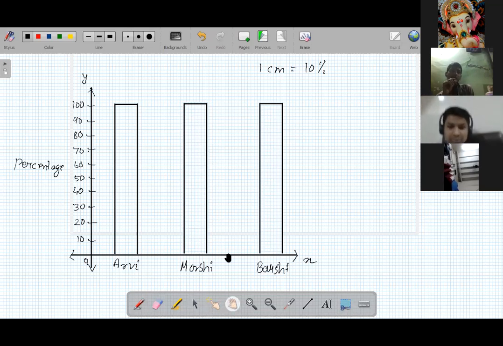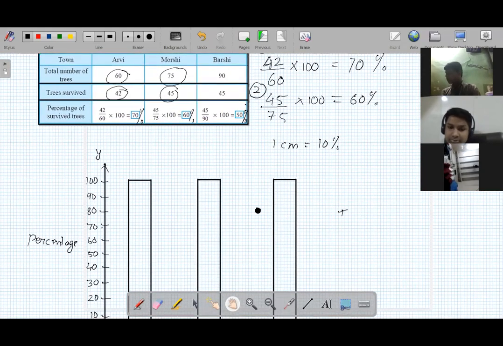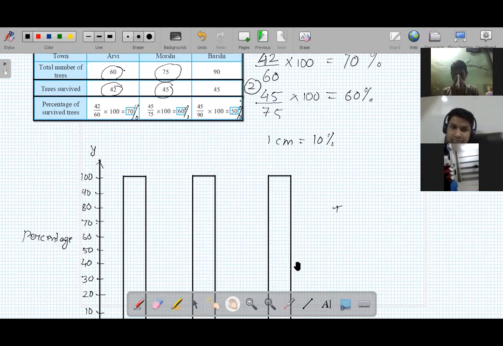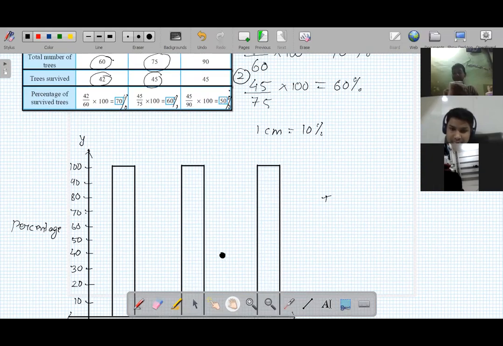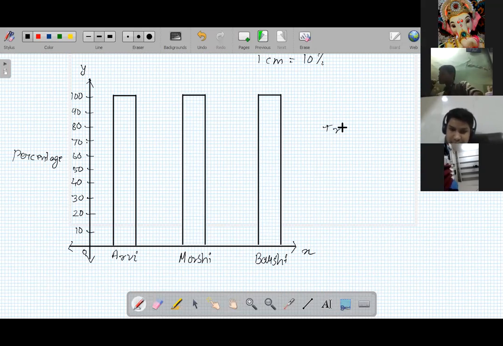Now, after this, we have two components here: trees survived and trees not survived.